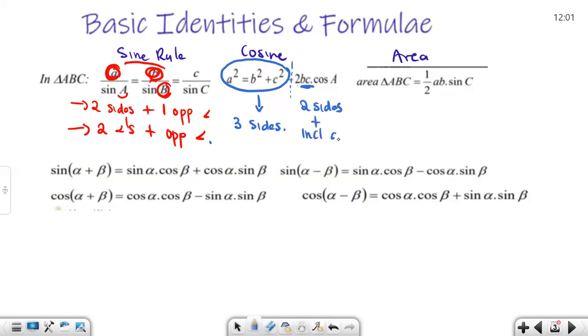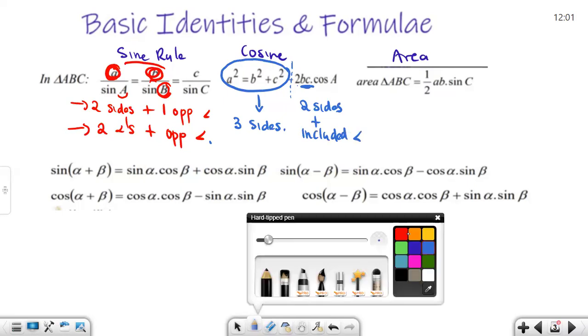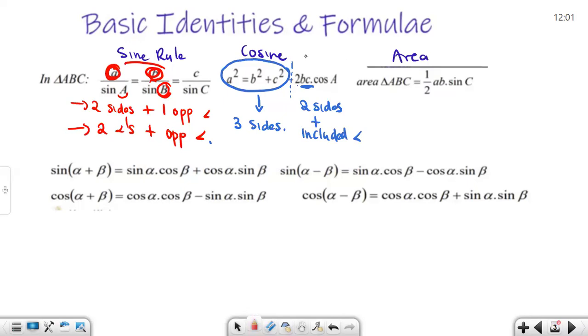Check these letters, b, c. I will explain the word included angle. When I talk about an included angle, the angle has to be between. If I have this side and this side, the angle has to be in between, hence included angle.